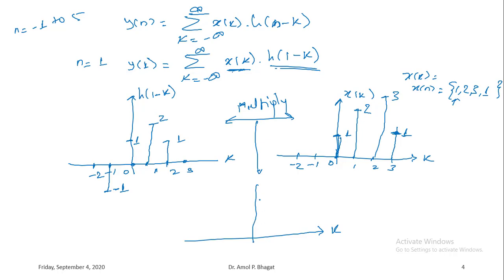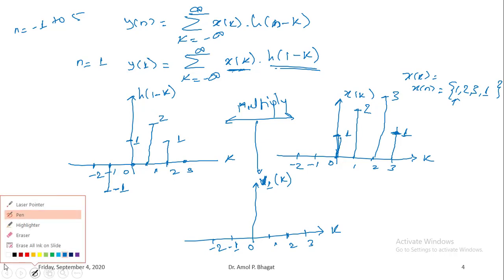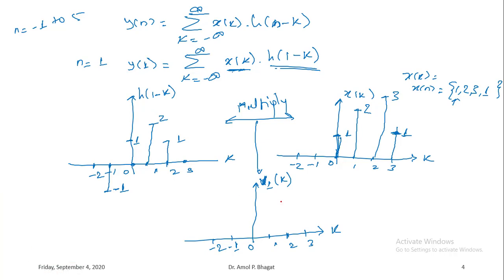I can represent it as v1 of k, because we are identifying it for n equals 1, so it will be v1 of k. So again 0, 1, 2, 3, similarly minus 1, minus 2. Okay, again I will be plotting these values of the multiplication result.